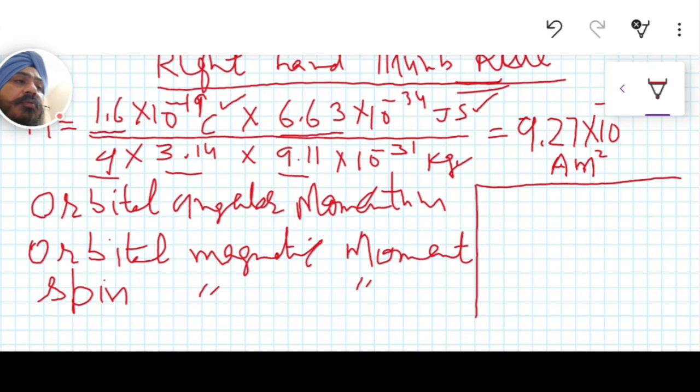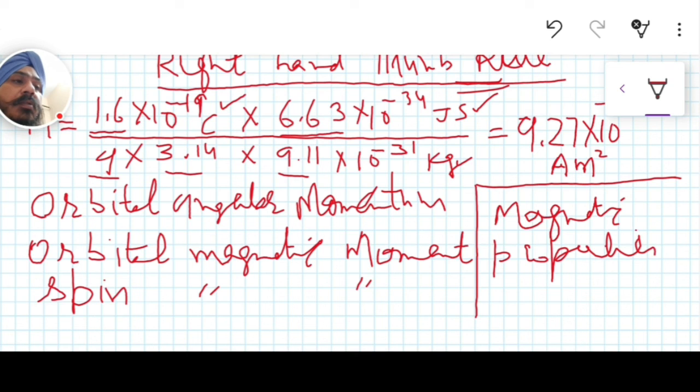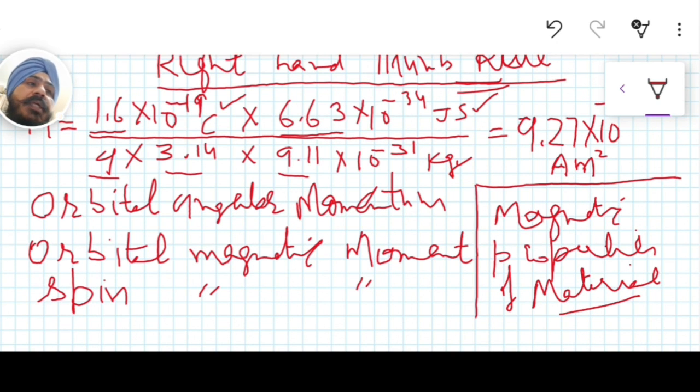These are the factors responsible for the magnetic properties of materials; as we know, ferromagnetics are strong magnets, and we have other types such as diamagnetic and paramagnetic materials. All those properties are due to the orbital magnetic moment and spin magnetic moment of the electrons revolving inside the atoms of those materials.